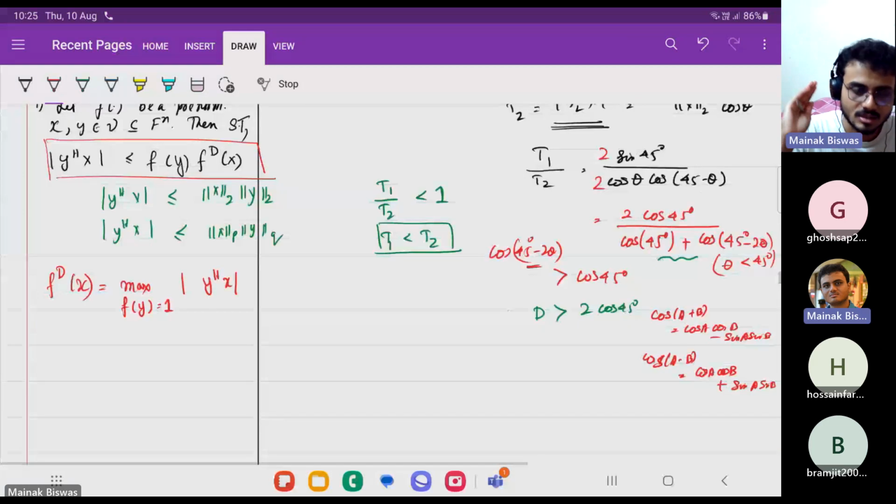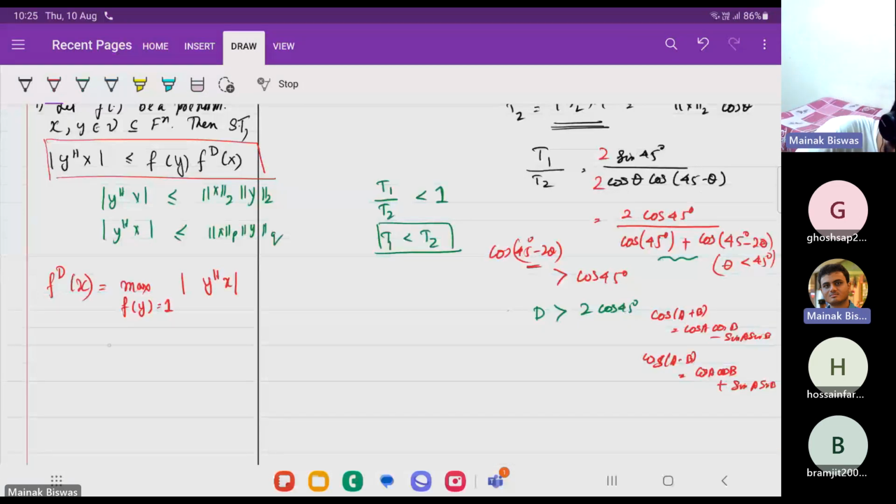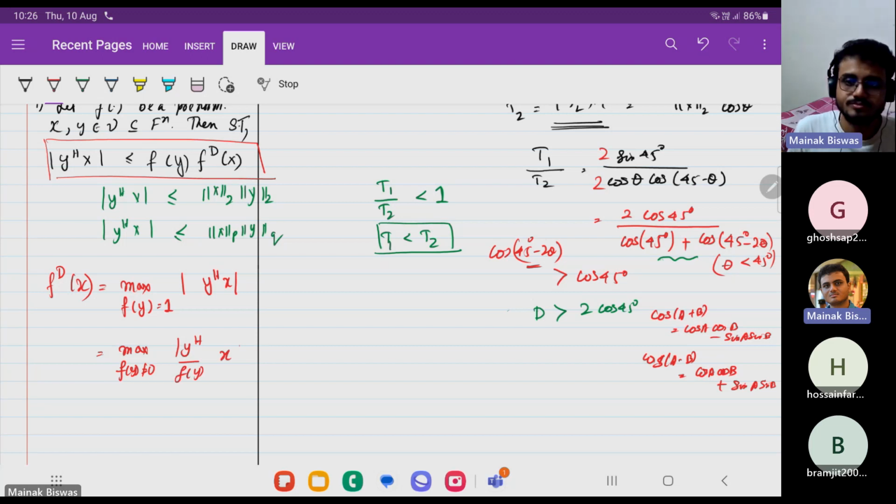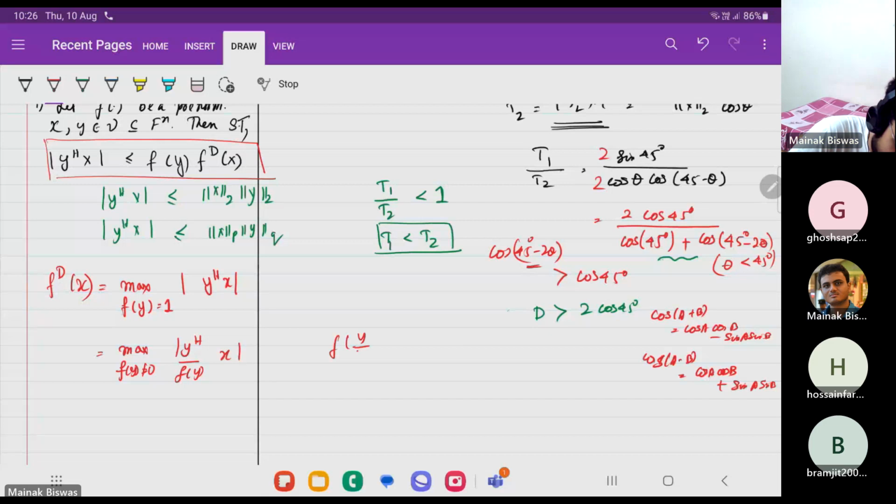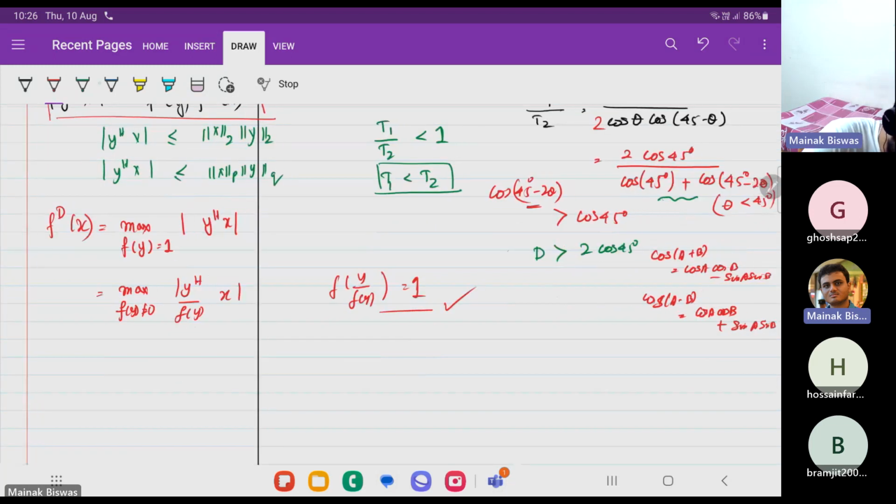Has everything become a circle? That's what I want to ask. So what can I write this as? I have already told you y not equal to 0. Y Hermitian x by f(y) into f(y). Can I write this? Already shown. Yes. Because your f of y by f of y is equal to 1. So I can write this, no problem. So do you agree?